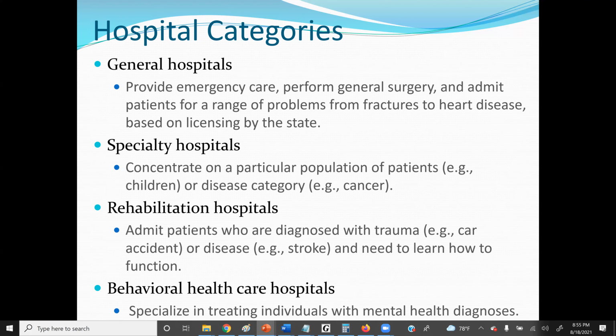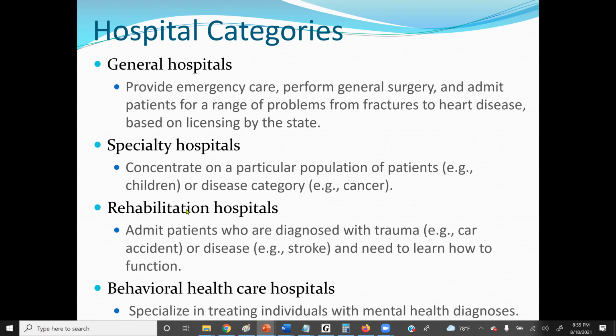We may have a specialty hospital that concentrates on a particular population of patients. For example, pediatric hospitals concentrate on children of a specific age, or it can be a disease category, let's say a cancer hospital.